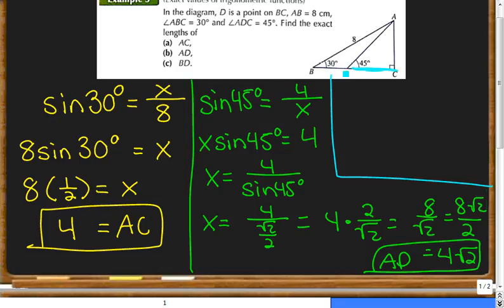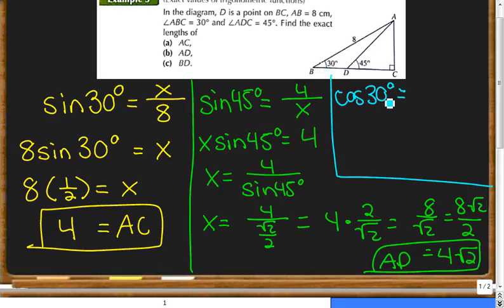Cosine could also work very easily. We'll do cosine, and the reason I'm saying that is because we haven't gotten too familiar with tangent yet from the unit circle, but you could certainly do it. The tangent of 30 degrees is just the square root of 3 over 3.